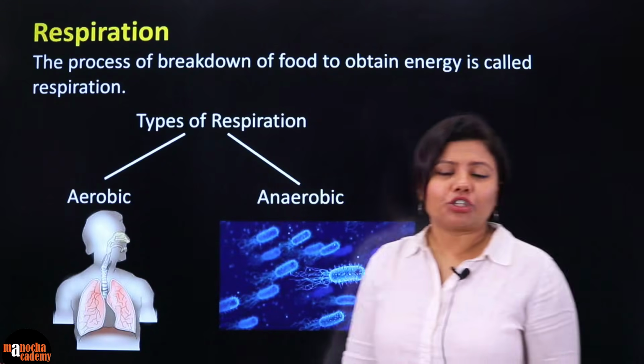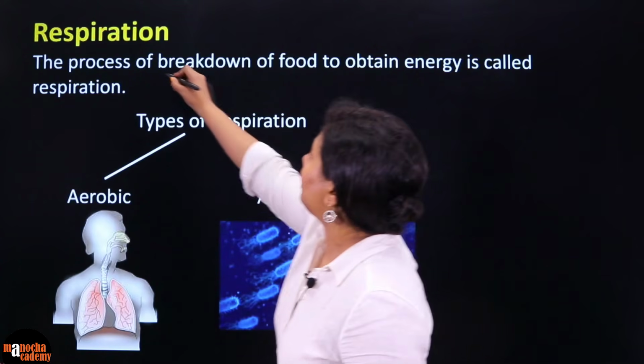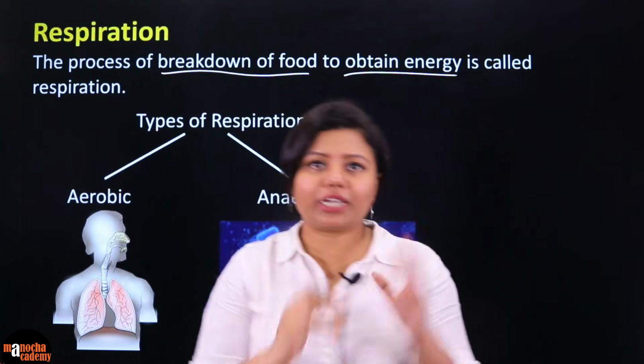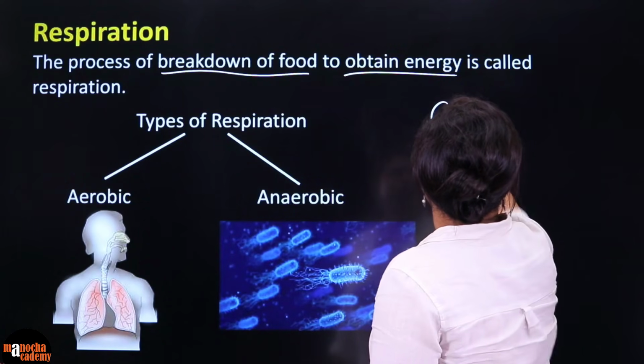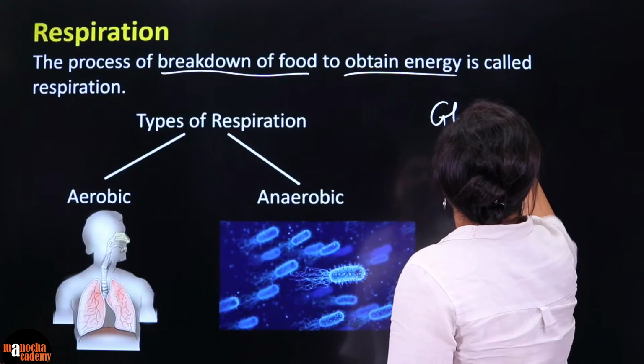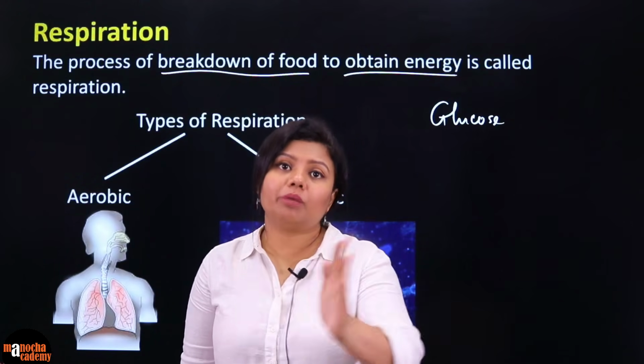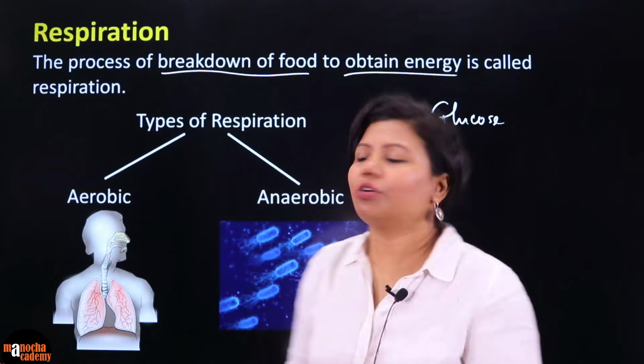Next, coming to respiration. What is respiration? It is the process of breakdown of food to obtain energy. The glucose that you have taken, let's say you have glucose in your body, but that glucose does not give you energy. When you break down the bonds of glucose, what is glucose made up of?